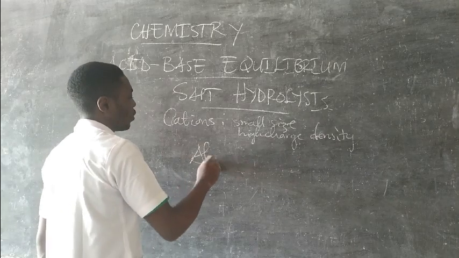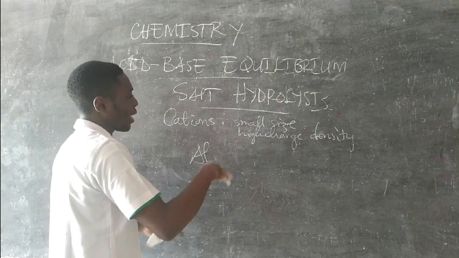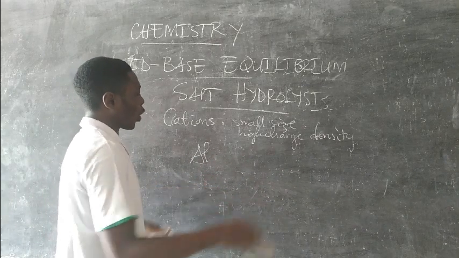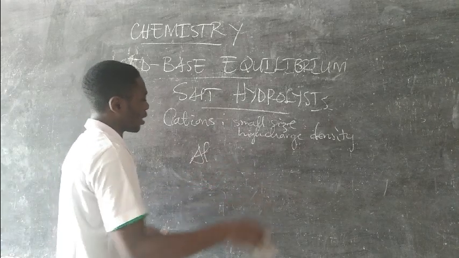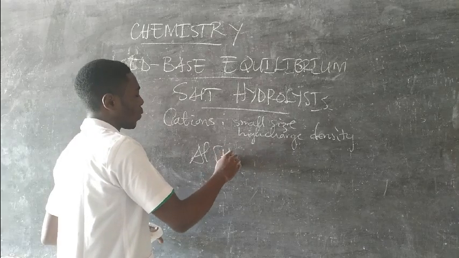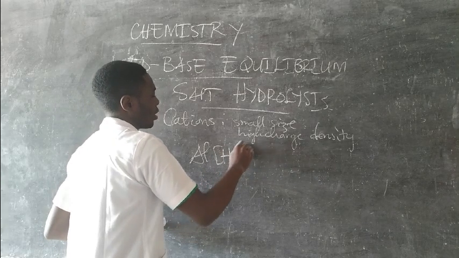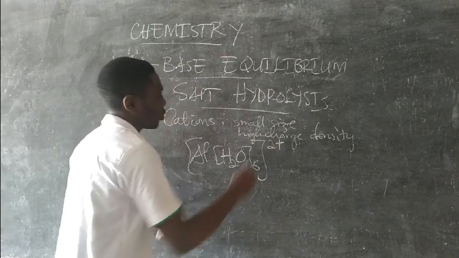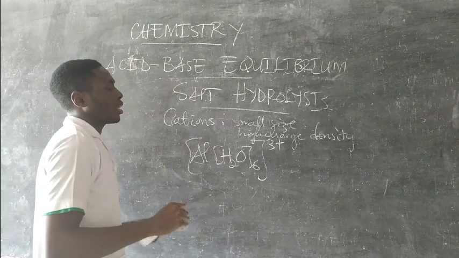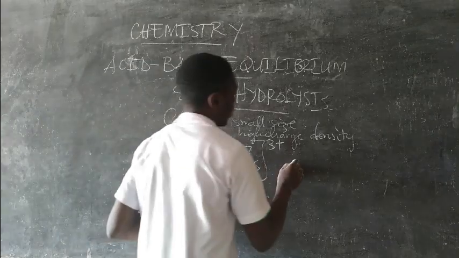For example, if you have aluminium, remember in water, aluminium is going to form a complex ion. When you have aluminium ions in water, they form a complex ion, so you're going to have hexaaqua aluminium, where 6 water molecules surround the aluminium ion, with a charge of 3 plus.